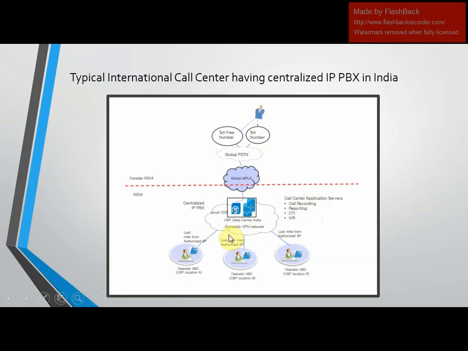And last mile from an authorized SIP, where operator ABC is there from location A, operator ABC is there from location B, and operator ABC from location R. So this is the typical international call center setup having the centralized IP PBX in India.